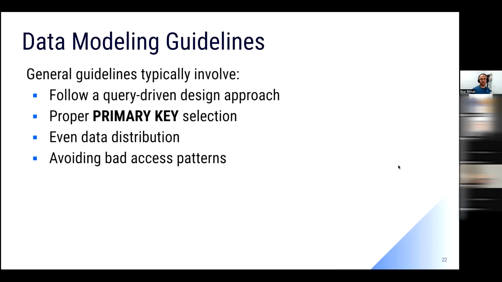A way to not do it correctly would be to choose, say, the state of each person as the partition key. So there are 50 states in the United States, but our data is people in the United States, and some states are bigger. They have a big population, say California or Texas, while other states have much, much fewer people.